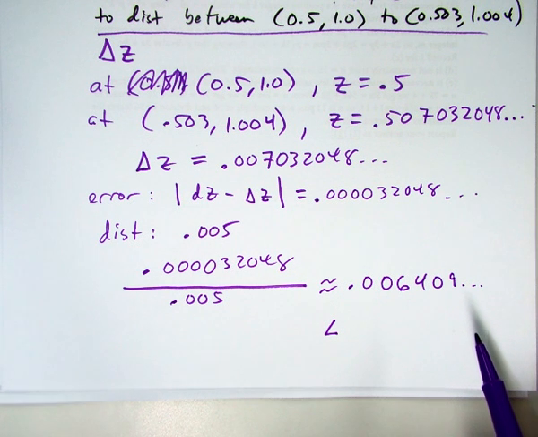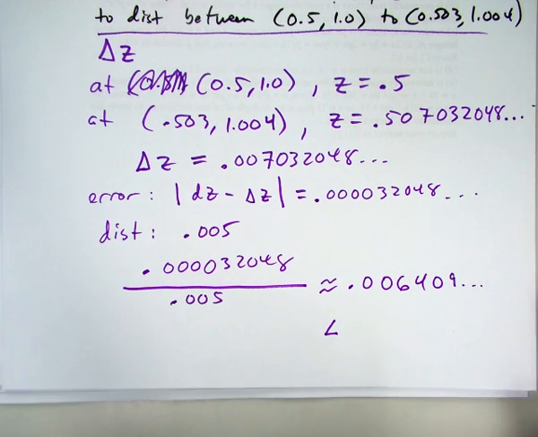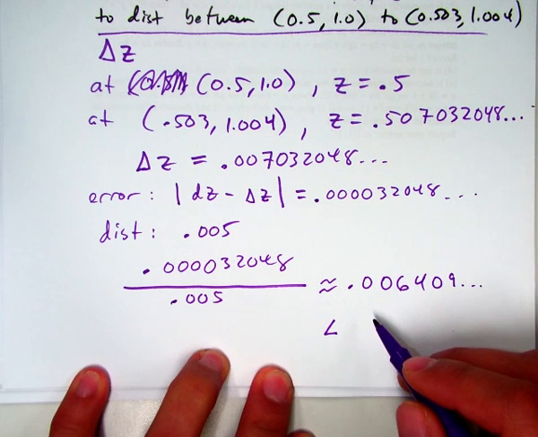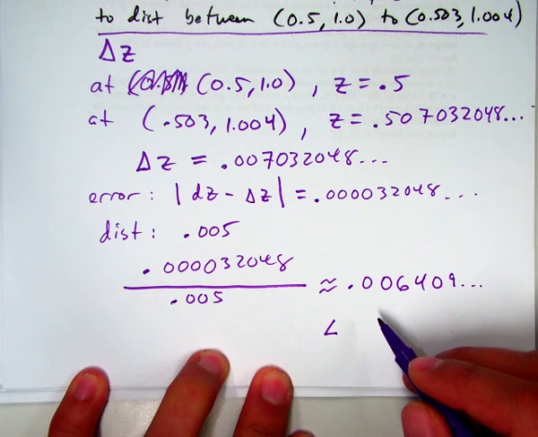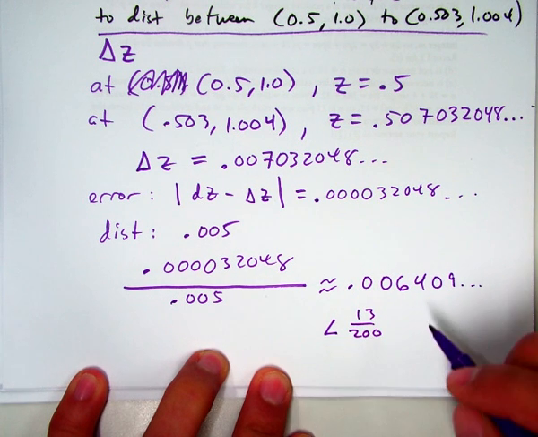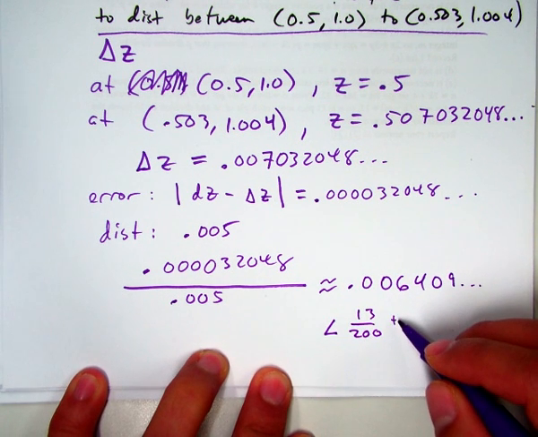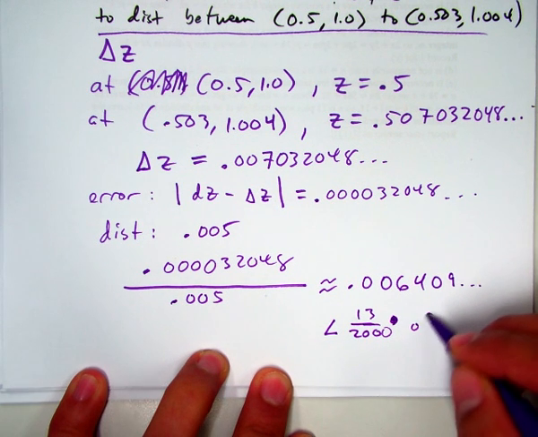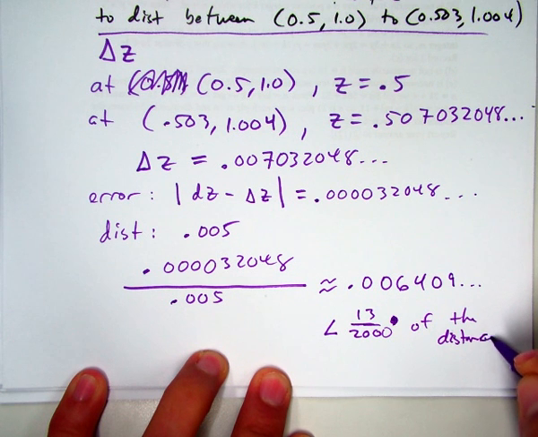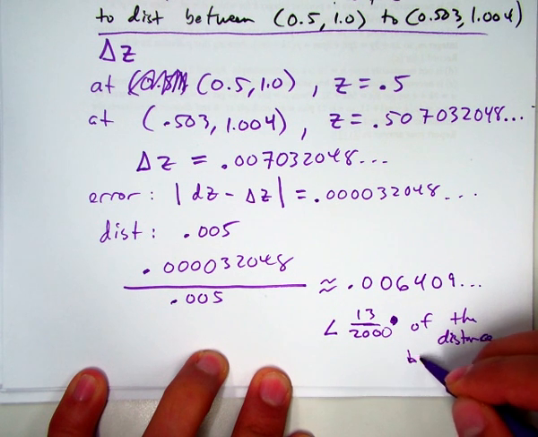What is that? 65 10 thousandths. Does it reduce? 13 over 2000. So it's less than 13 over 2000 of the distance between the 2 points.